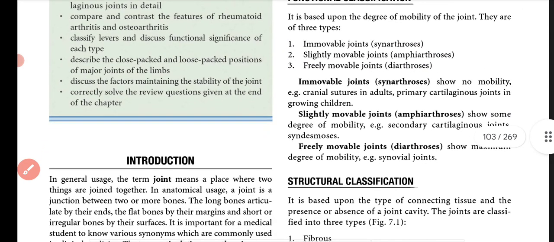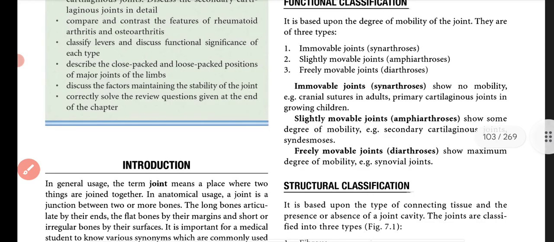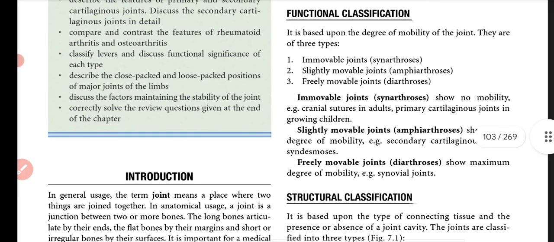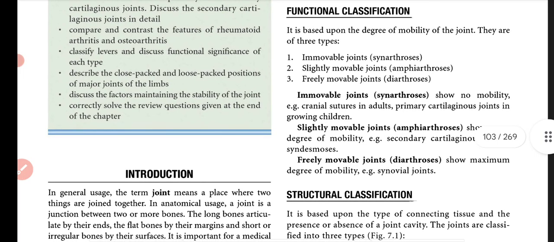Now the immovable joint or synarthrosis is the joint which shows no mobility. Examples are the cranial sutures in adults and the primary cartilaginous joints in growing children.